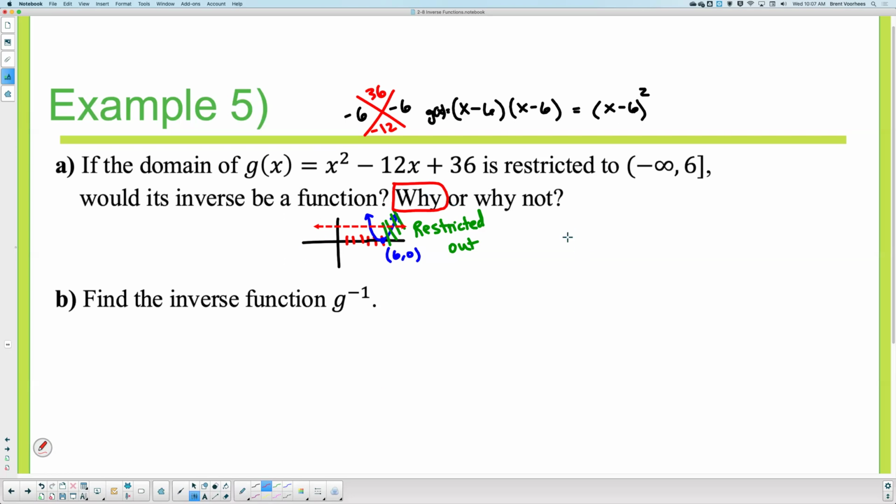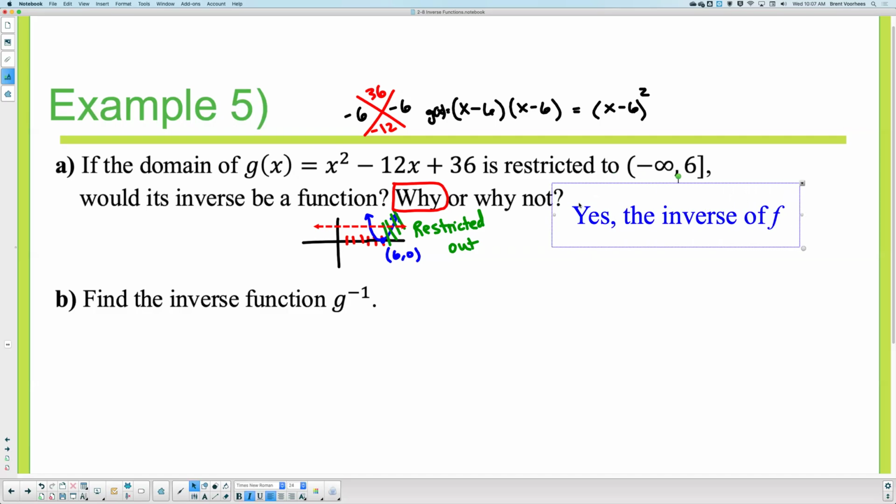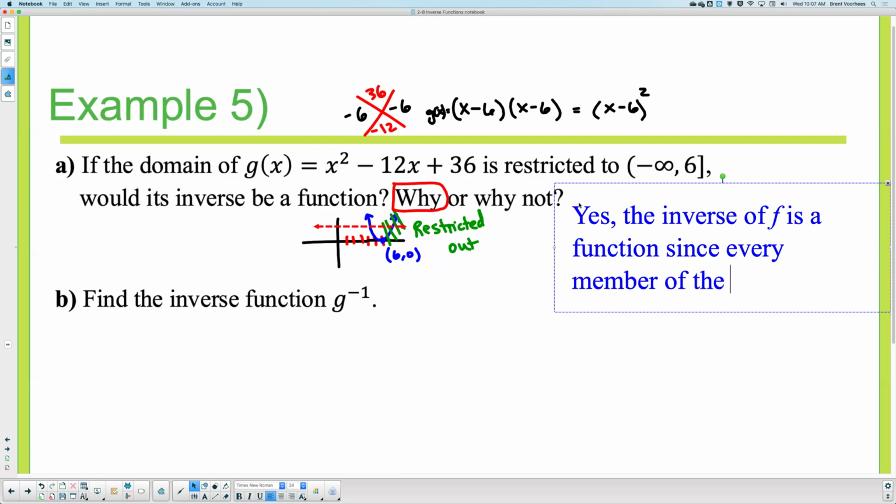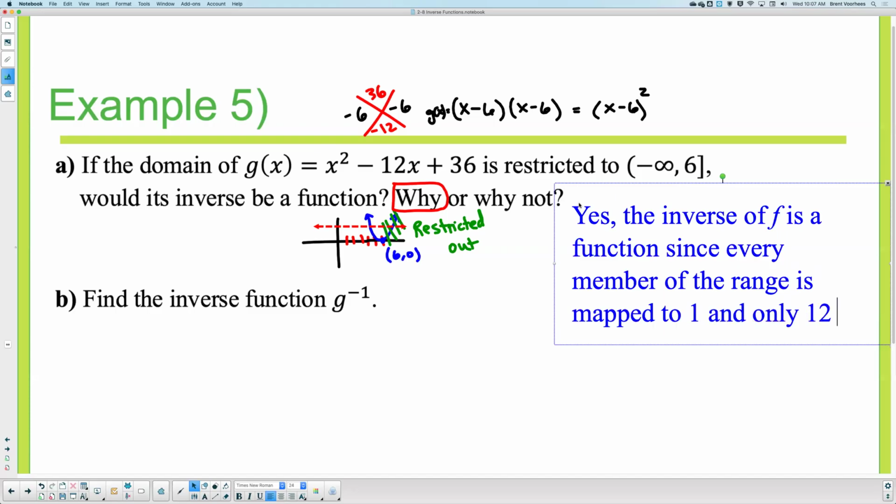Why it is a function, I would say here, yes, the inverse of f is a function since every member of the range is mapped to one and only one member of the domain.